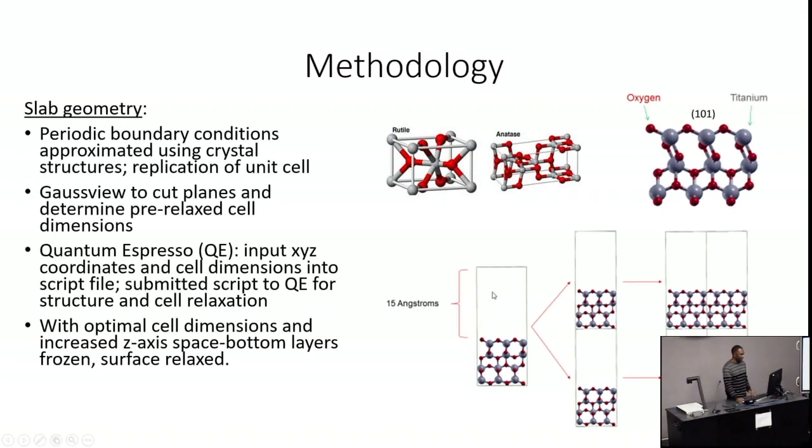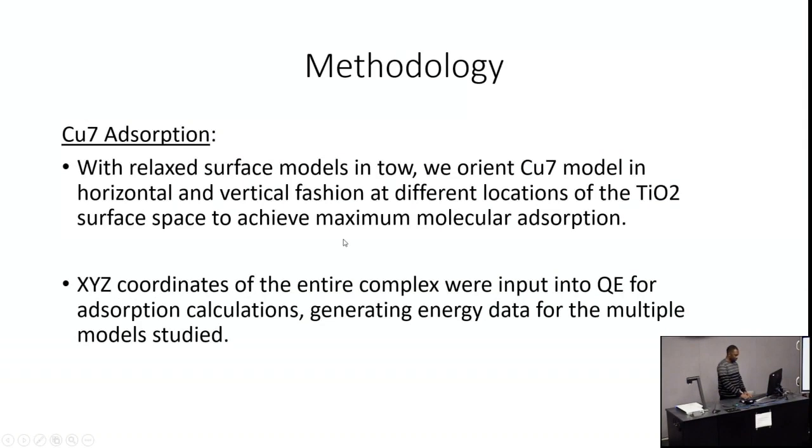When you submit the calculations, and we use a program called Quantum Espresso for electronic structure calculation, it migrates down onto that surface and interacts with the oxygens on that top layer. What you'll see is, depending on the stability of that surface, how the copper adsorbs geometrically, and you get energy information out of that as well.